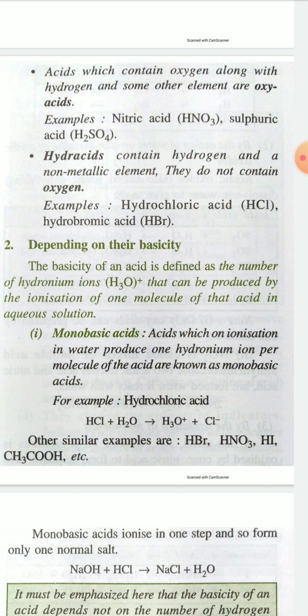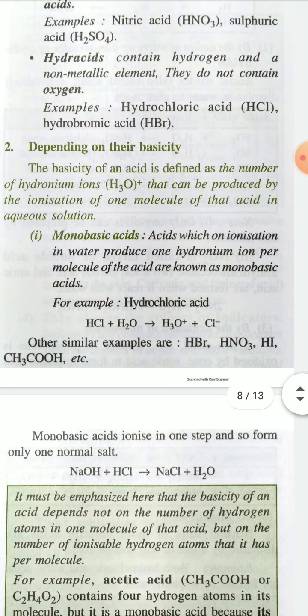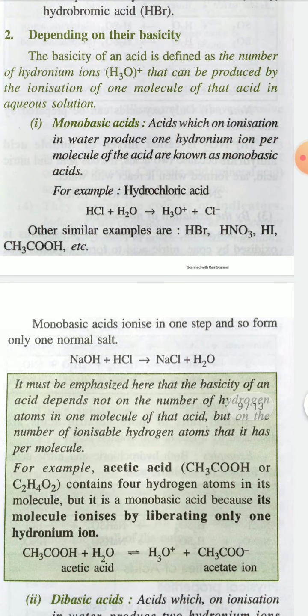Depending on their basicity, the first type of acids are monobasic acids. Monobasic means one H3O+ ion. So those acids which can produce one hydronium ion in aqueous solution are monobasic acids. For example, HCl. When it is mixed with water, one H3O+ ion will be produced. So HCl plus water gives H3O+ and Cl-.